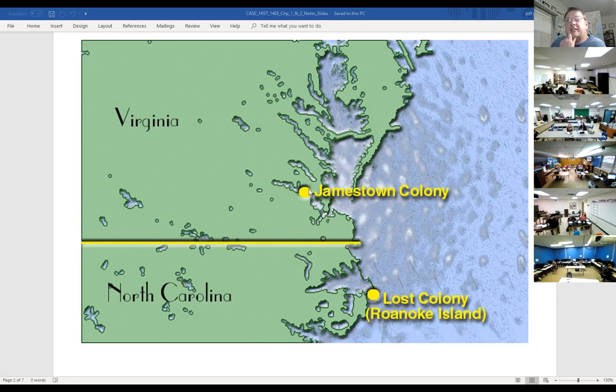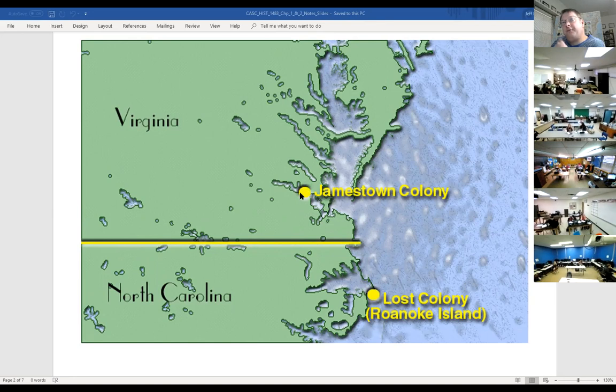And this Jamestown, it's about 40 miles inland up this body of water, and it was founded in some very marshy, swampy land. A lot of mosquitoes. And being swampy, it wasn't the most conducive to hunting and gathering and things like that.